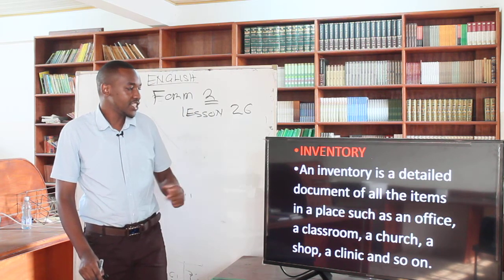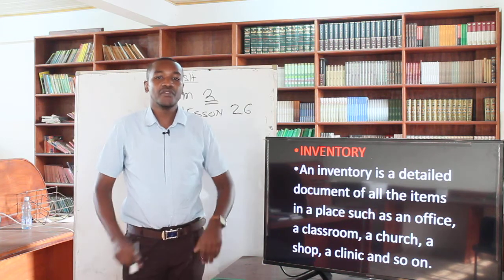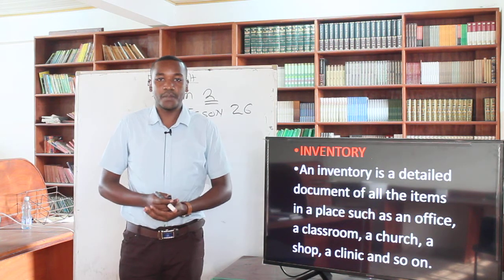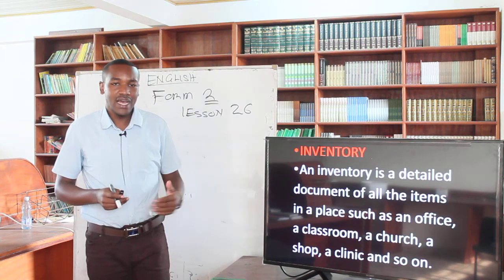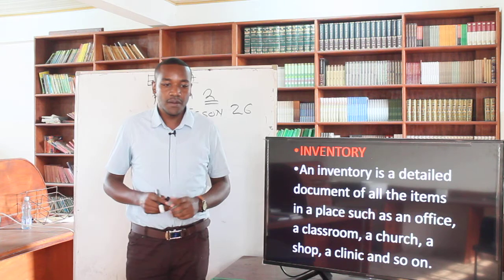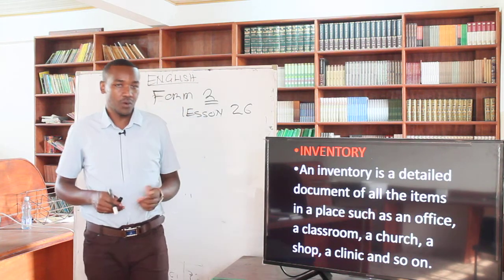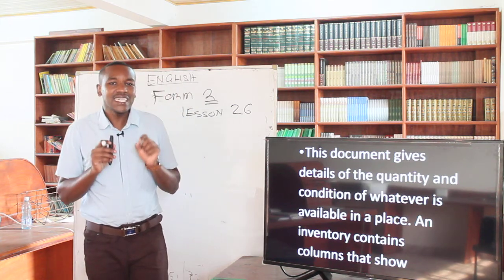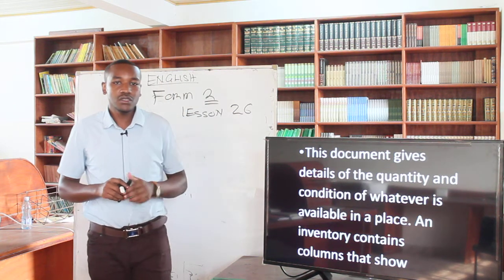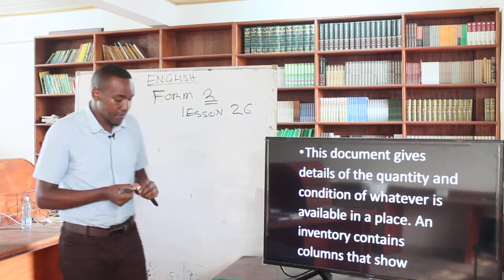Sometimes they say rush and buy the items you need before the stock is over. This is all recorded. Someone will say out of stock, or still we have it, or maybe we don't have it anymore. So this document gives details of the quantity and condition of whatever is available.